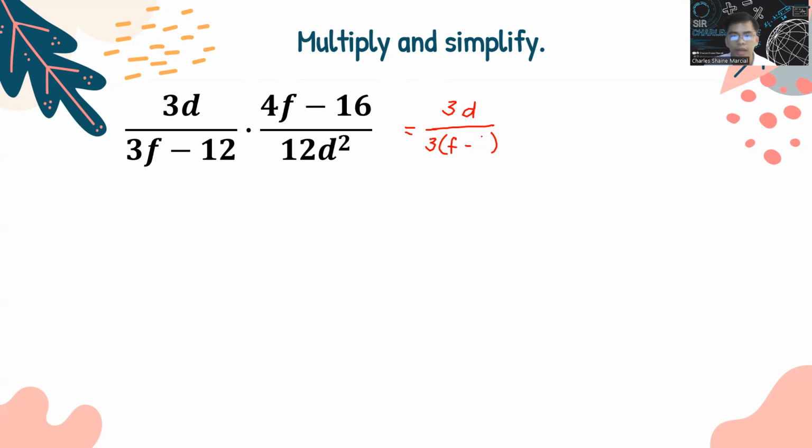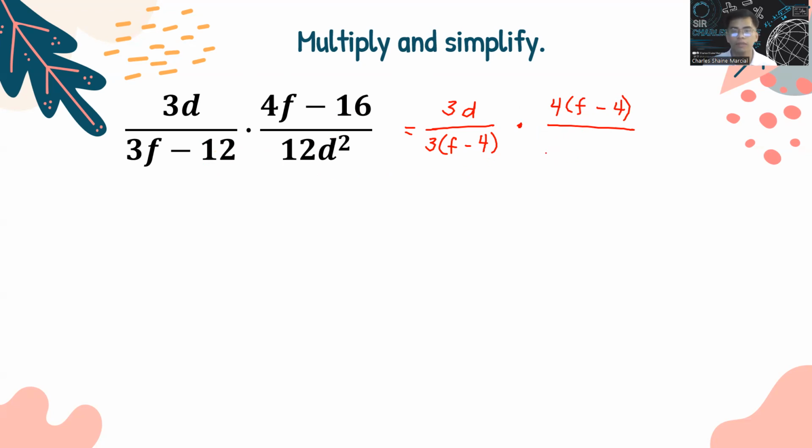So yung pwede natin gamitin is negative 4. So negative 4 times 3, that is just equal to negative 12. And also for the numerator, 4f minus 16, factor out natin yung 4. Then we have here f minus 4. So negative 4 times 4, that is just equal to negative 16.